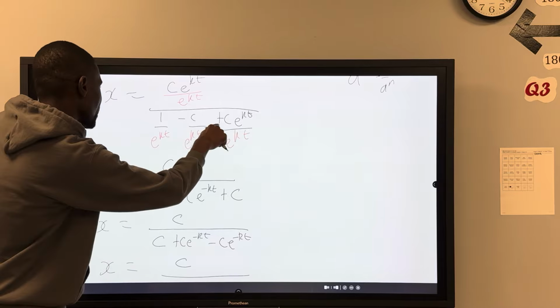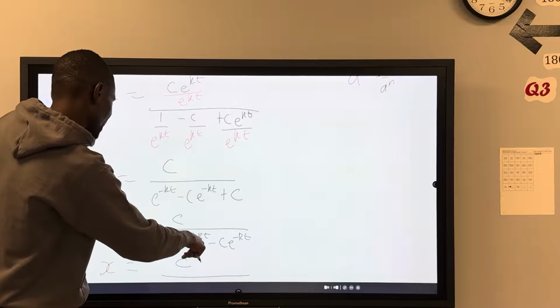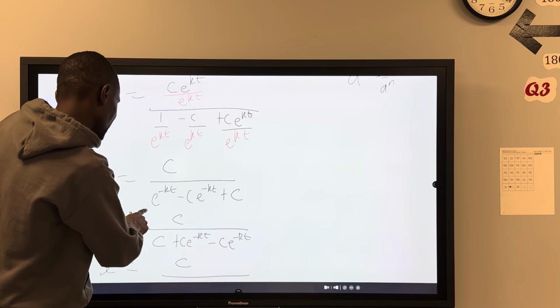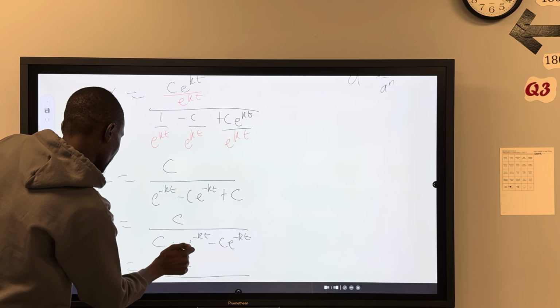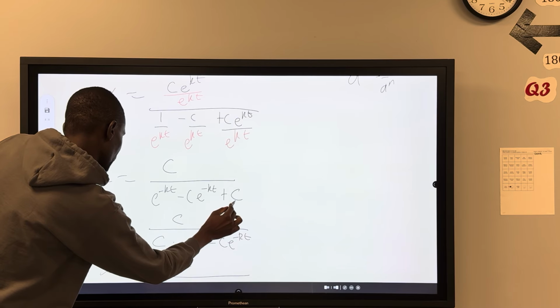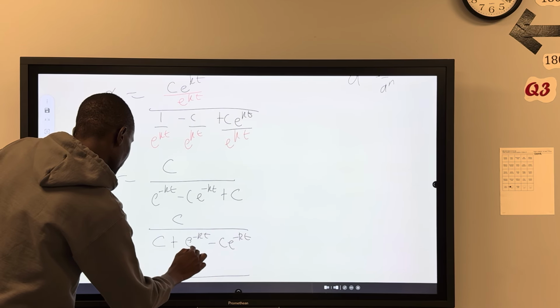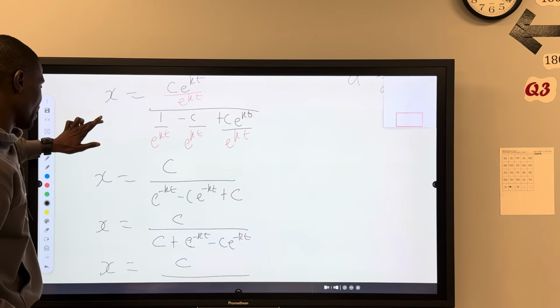Yeah, that's where I made a mistake. This was just e to the negative kt, so I don't have this c up here. So I moved this c, so plus e to the negative kt. All right, cool. Now we can go back and fix.